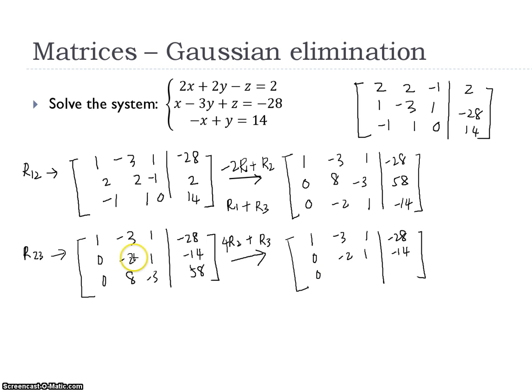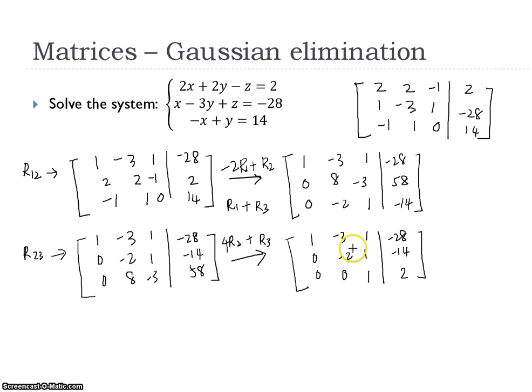So multiply 4 with row 2 and sum with row 3. Get 0. Multiply 4 with 1, then we sum with negative 3. We get 1. Then we do the same thing, and then we'll get 2 here. So the last one will be negative 2.